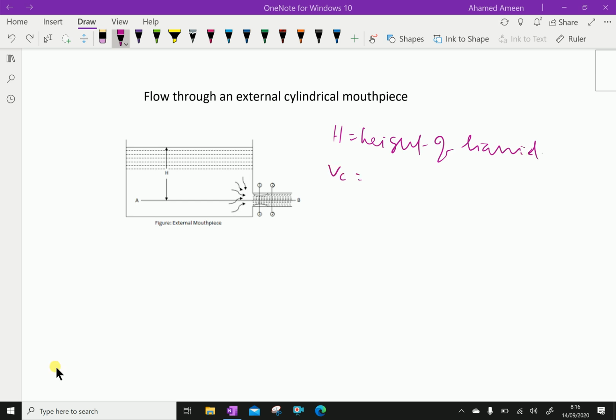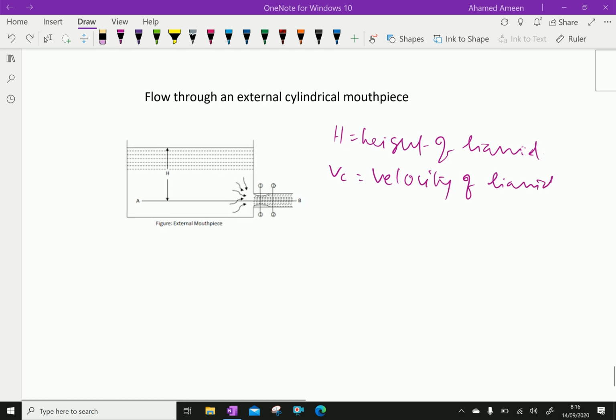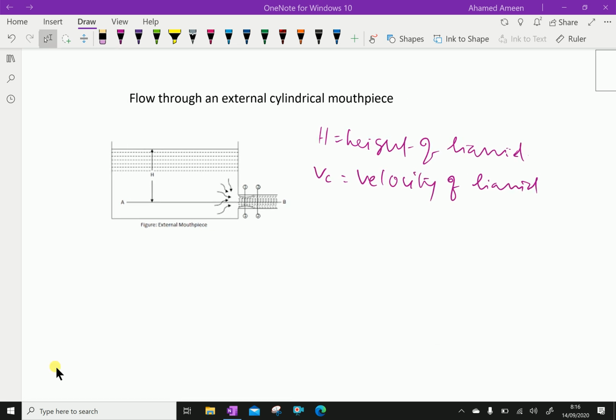Vc is the velocity of liquid at section Cc, on the Cc axis, and Ac is the area of flow of liquid at the vena contracta.